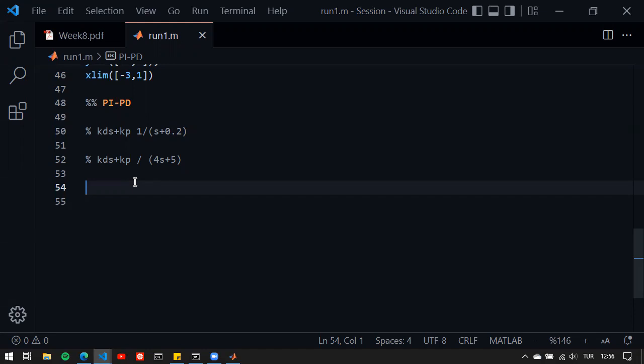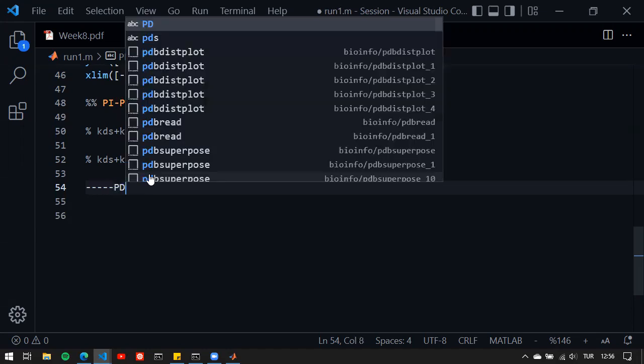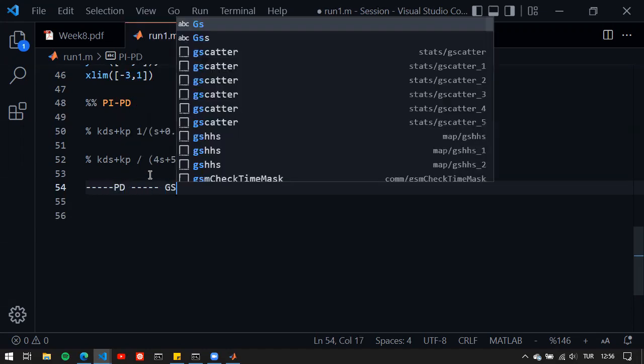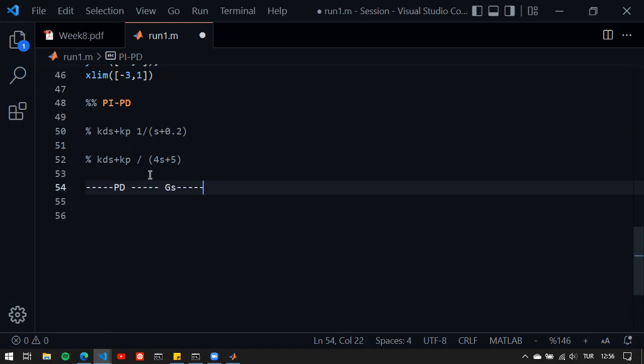The idea is basically to use the PD controller not in the loop here, and GS, don't use it here.